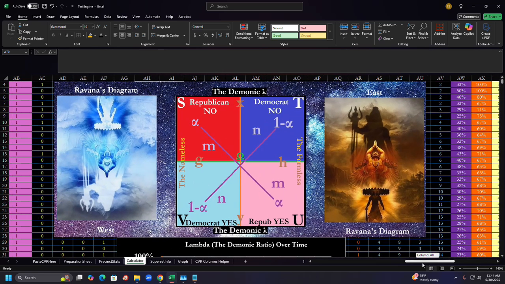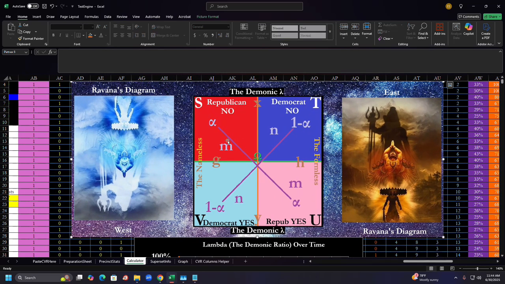You see this diagram of 4 quadrants: the dark red in the northwest is the Republican no vote on a ballot proposition. The dark blue in the northeast is the Democrat no vote. The light red in the southeast is the Republican yes vote. And the light blue in the southwest is the Democrat yes vote.